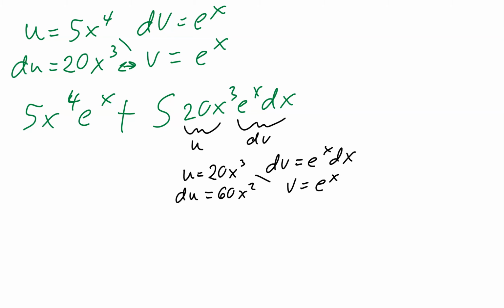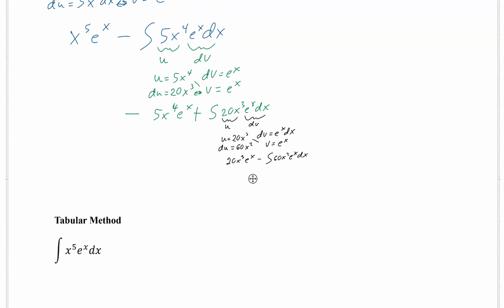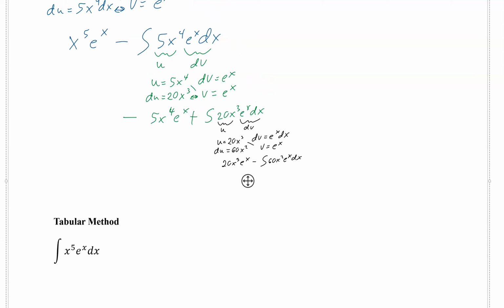And so we get 20x cubed e to the x minus the integral of 60x squared e to the x dx. And then now we're going to go back to blue. So that's still a plus. It would be plus and plus. Everything works out. So what I'm going to do now is rewrite it and then continue off to the other side.